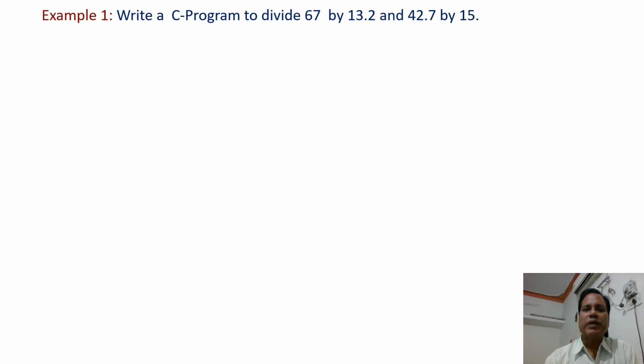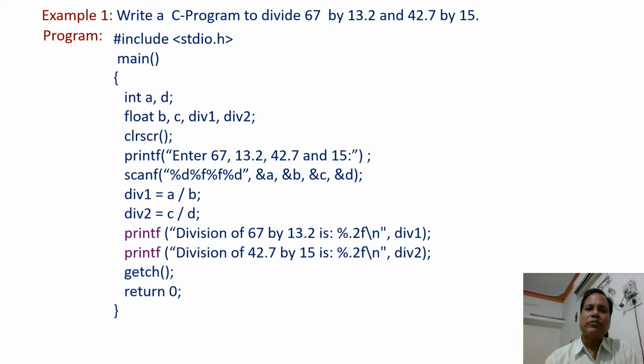In this example we have to write a C program to divide 67 by 13.2 and 42.7 by 15. So in these two divisions, one operand is an integer and the other is a floating point number. For this, we write the code like this.